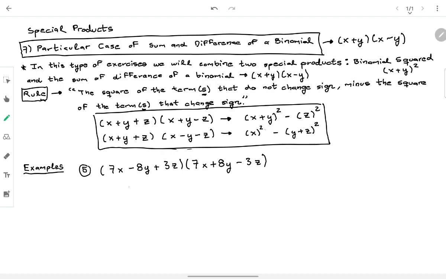So we need to put the one that does not change sign squared minus those that change sign squared. In this case, we need to put one positive and one negative, because in this parenthesis we have one positive, one negative. In this one we have one positive, one negative. They don't have the same sign in each parenthesis. So here we will need to put one positive, one negative.